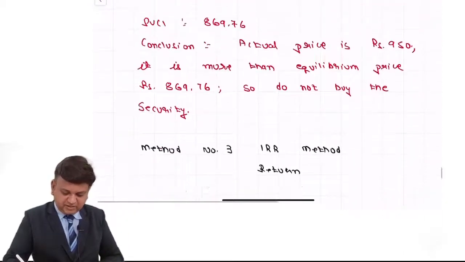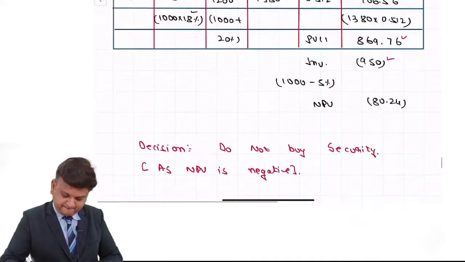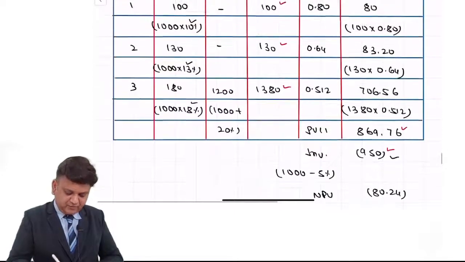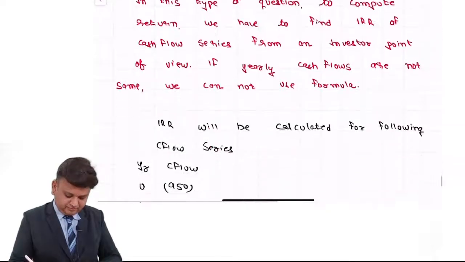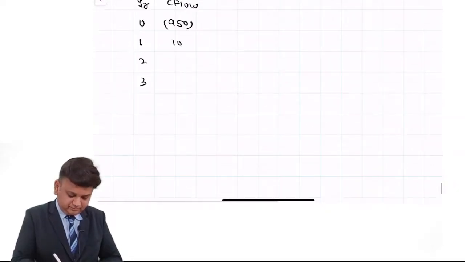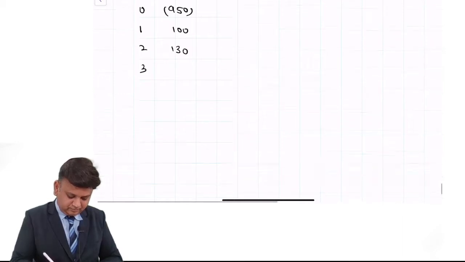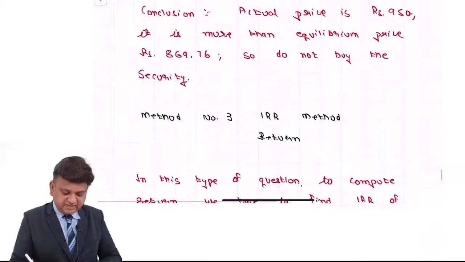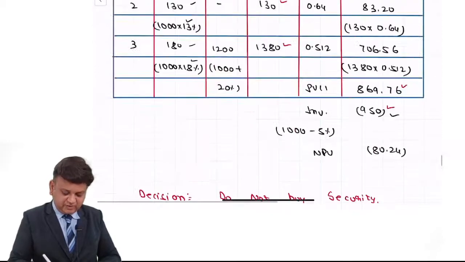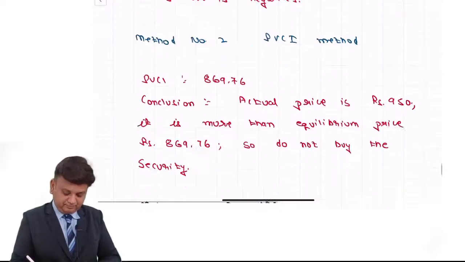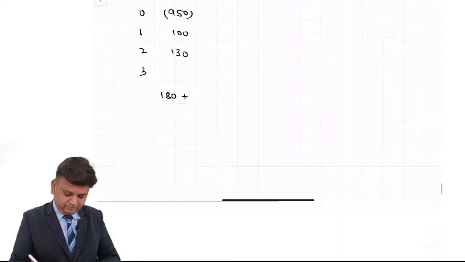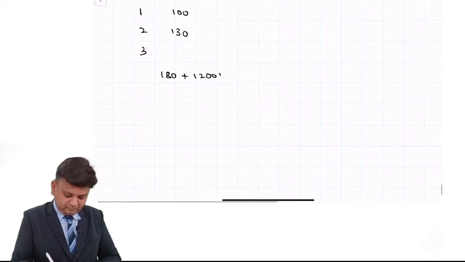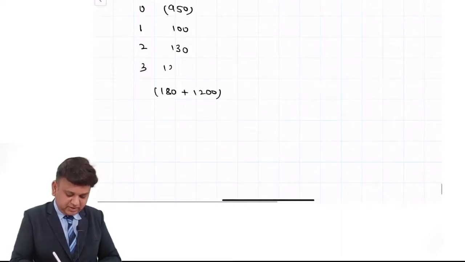Cash outflow of 950. Inflow is 100, 130 and 180. Last year there is cash inflow of rupees 1200. So the total is 1380.